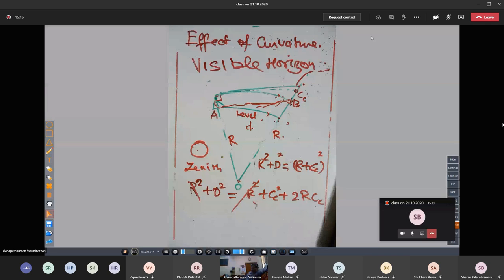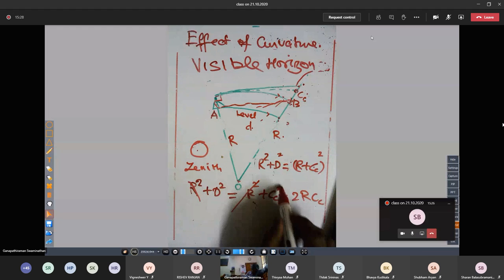What is CC? The length of the staff itself is 4 meters. When you compare 4 meters with the 6,370 kilometers, it's too small, no? So for my convenience, I will omit this.